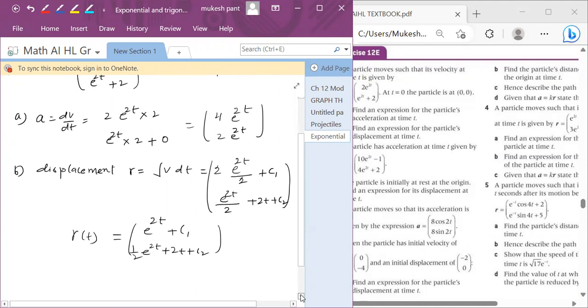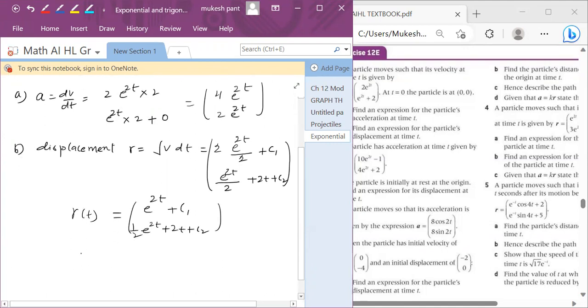Now if we look for the initial position, r(0) equals e to the power 0 plus c1, and here 1 over 2 times e to the power 0 plus 2 times 0 plus c2, and this should equal (0, 0) because this is the initial position.